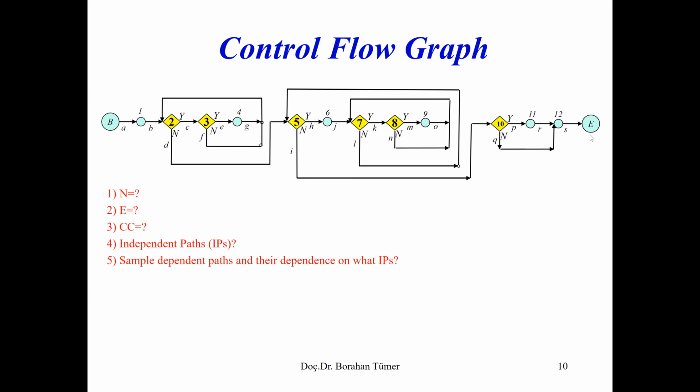So if you count A and S, then you have to count B and E too. Without B and E, we have 12 nodes. If you count B and E, begin and end nodes, we have a total of 14 nodes, all right?